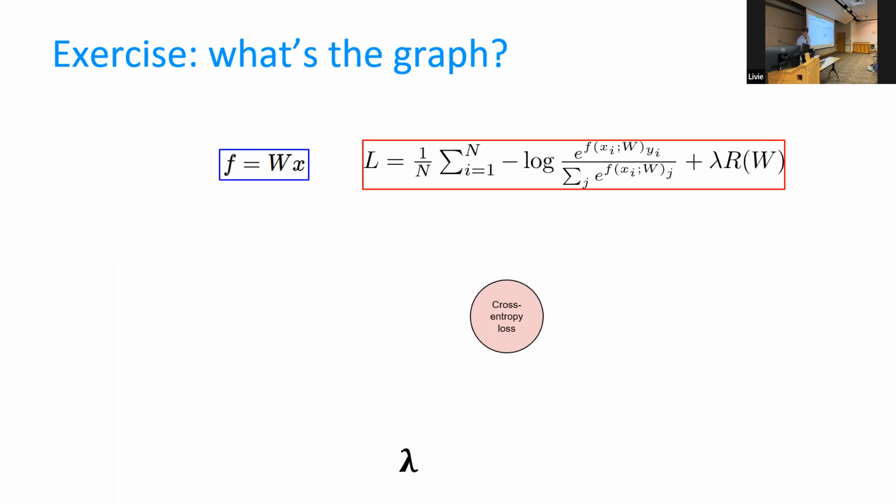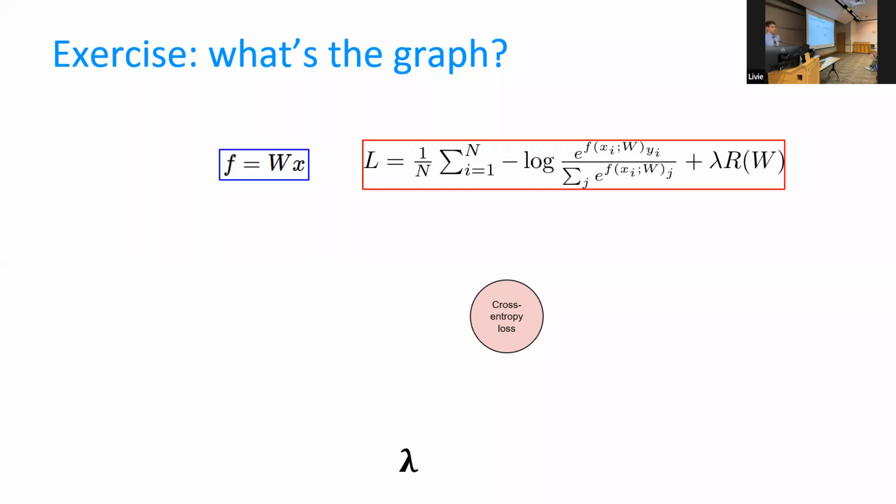Some value here, some value should be 0 and 1, because it's 1 divided by the sum.